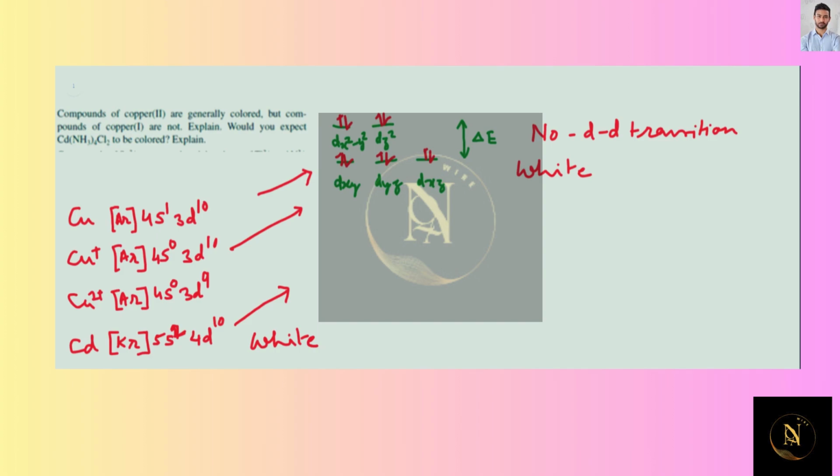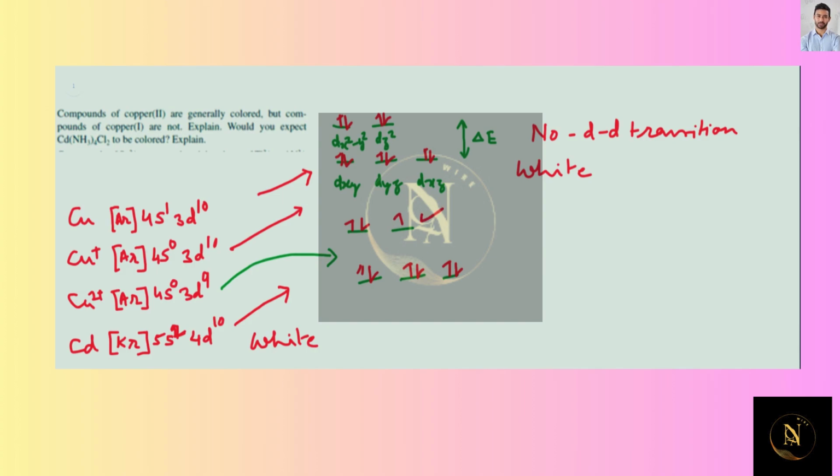Whereas in the case of copper 2+, there is scope for the d-d transition because the electronic configuration is d9. These are completely filled, but here one place is left, one unpaired electron, and the d-d transition is possible.